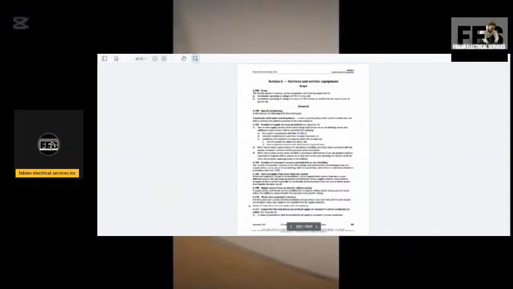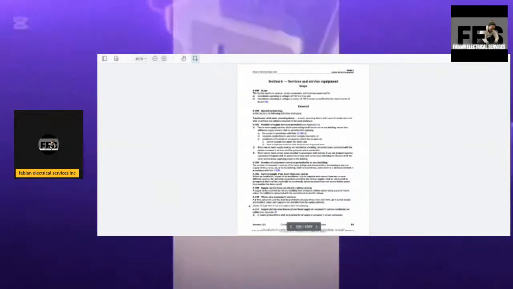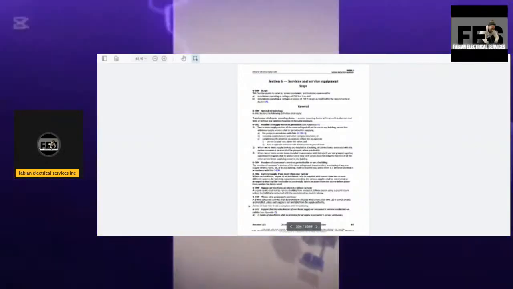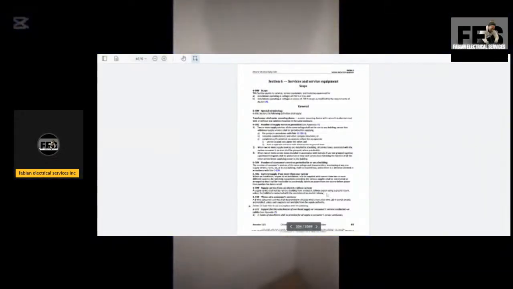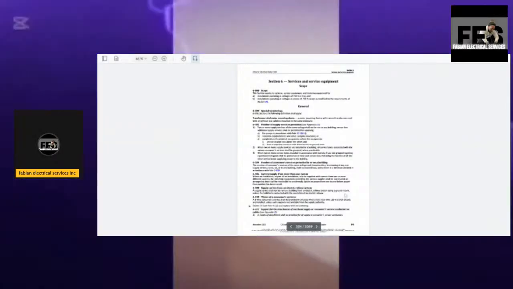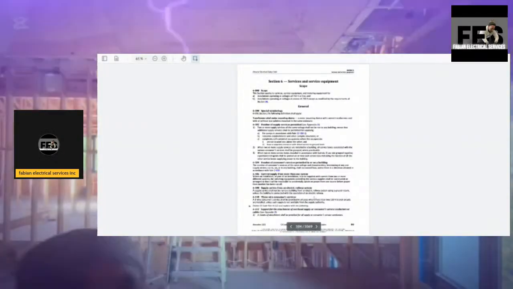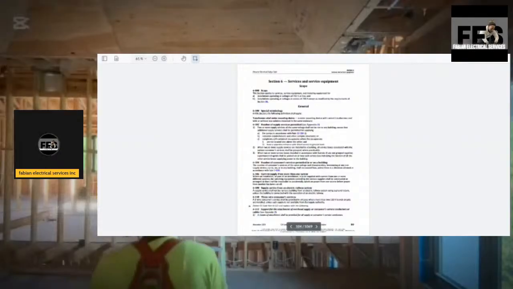Supply service from an electric railway system: a supply service shall not be run to a building from an electric railway system using a ground return unless the building is connected with the operation of an electric railway.